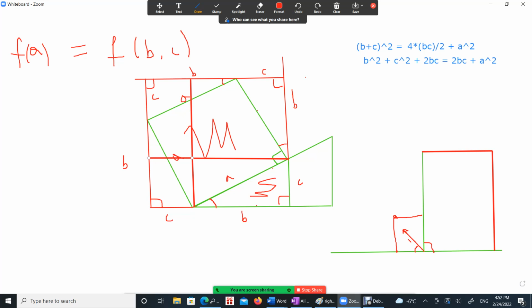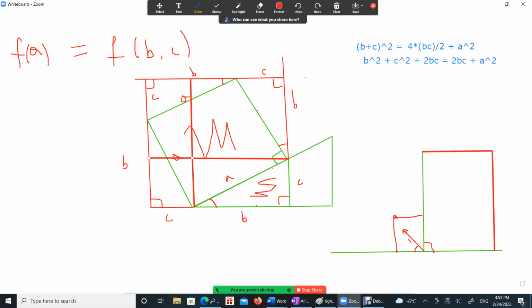That should equal 2BC plus A squared. This is A squared.